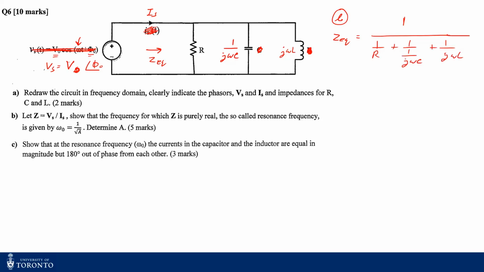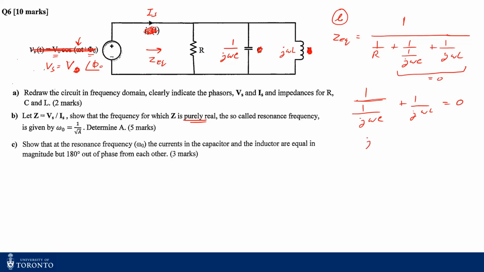Now, if your Z has to be purely real, that means the imaginary part has to be equal to 0. So if the imaginary part has to be 0, this one has to be 0.